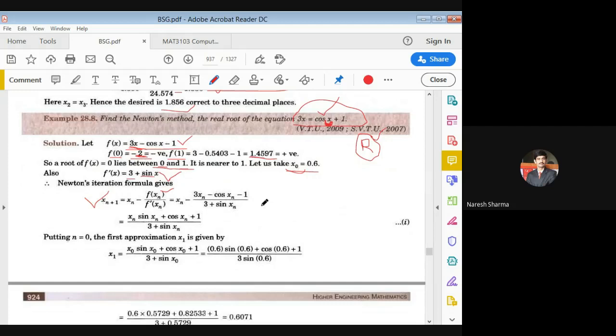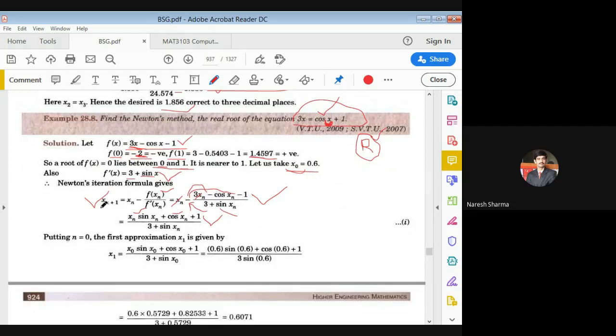You may use this as a formula, or you may calculate a little yourself. We take the LCM, the 3x terms cancel, and we get x sin x, then minus minus plus cos x, so x sin x + cos x + 1, divided by 3 + sin x. Now this becomes your iterative formula.